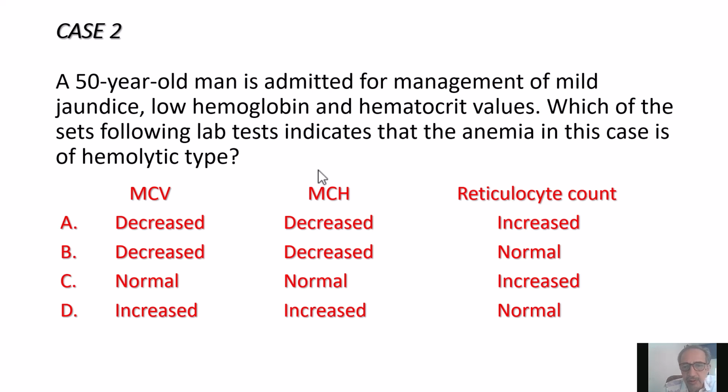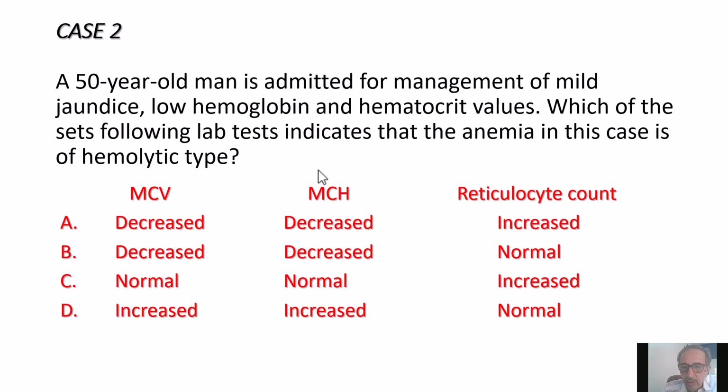No, this is only in chronic blood loss. MCV reduced, MCH reduced, reticulocyte count increased will be chronic blood loss with iron deficiency. MCV decreased, MCH decreased, reticulocyte count normal will be in iron deficiency.